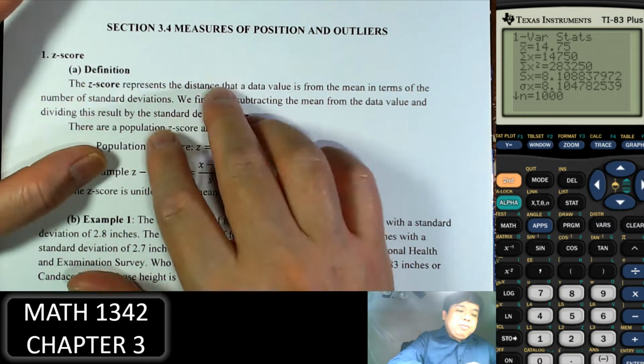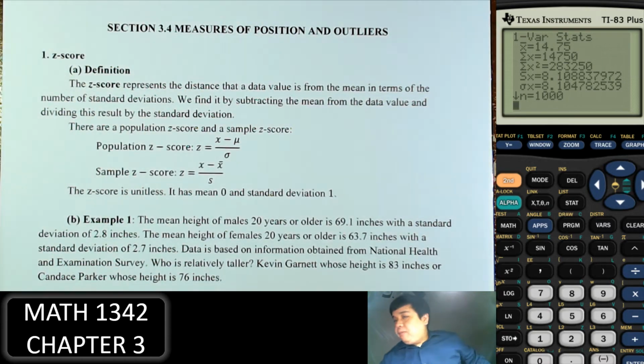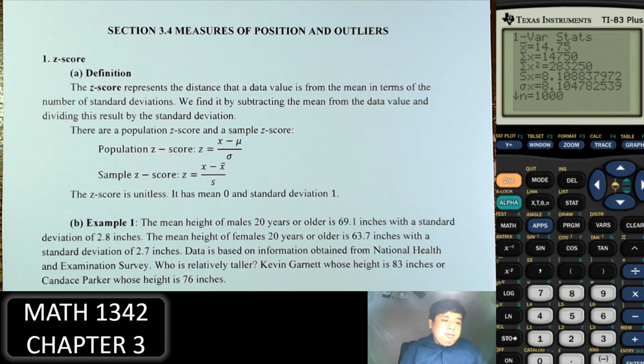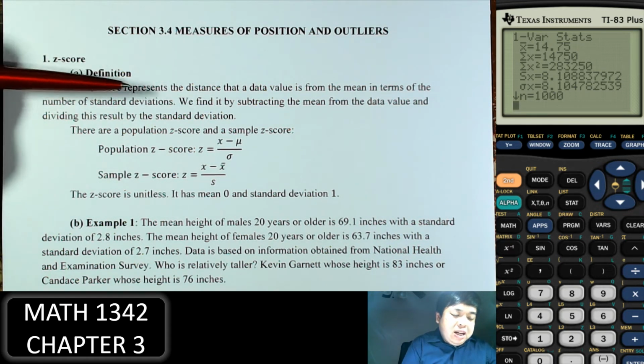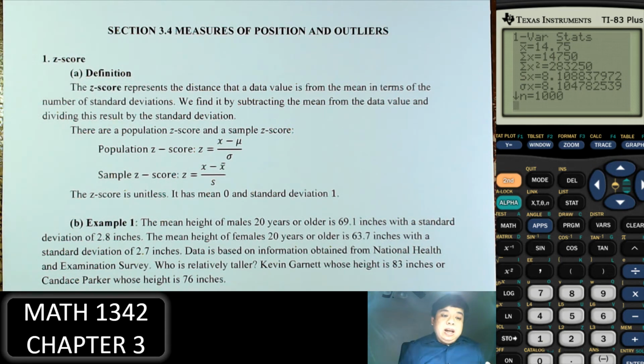Now, the measures of position. For that we have the z-score and then a few more things. The z-score represents the distance that the data value is from the mean in terms of the number of standard deviations.